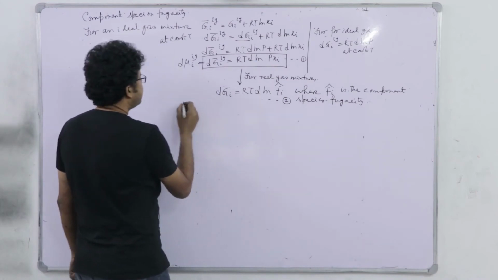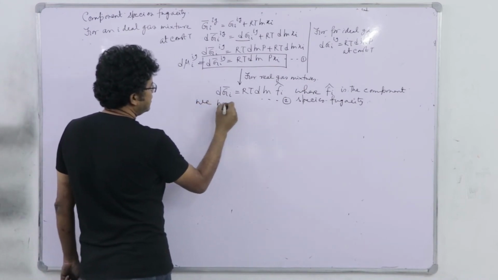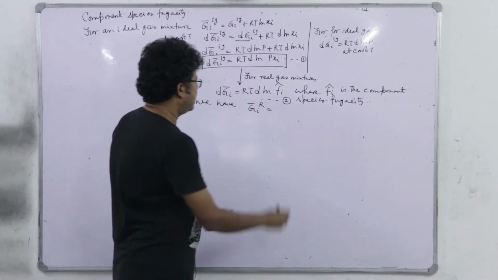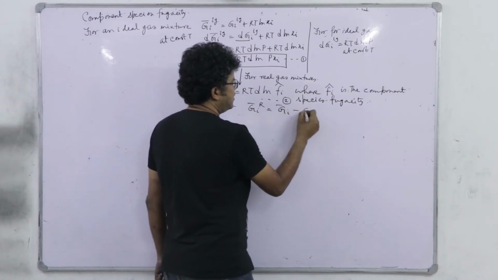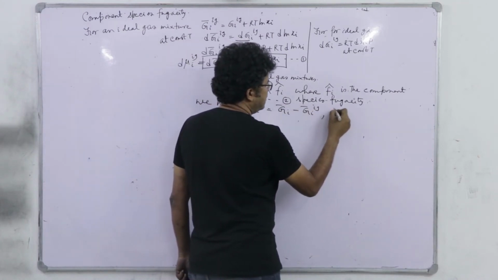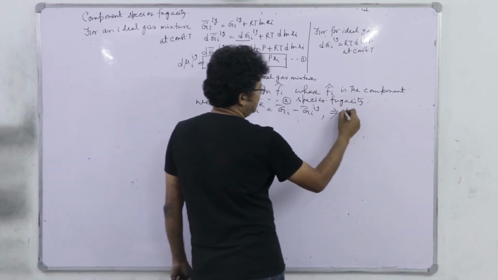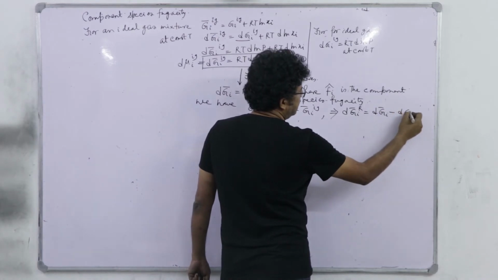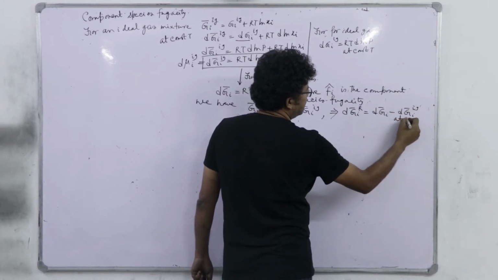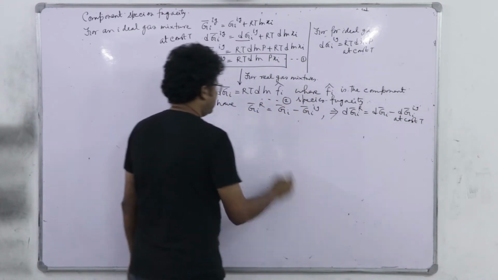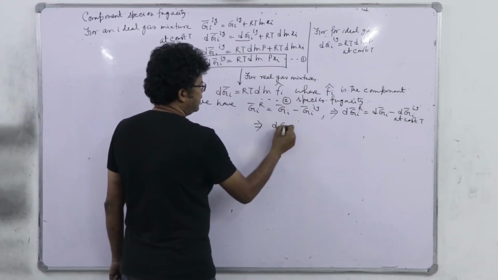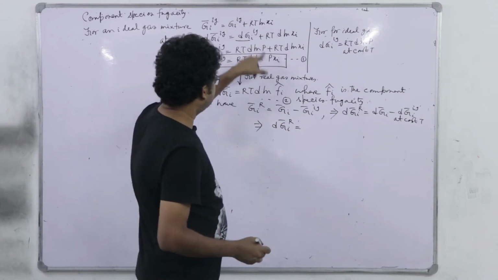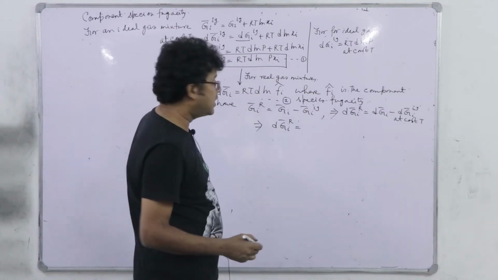Now, we know the partial molar residual Gibbs energy Gi bar R equals Gi bar minus Gi bar ig. So if you take the differential at constant temperature, dGi bar R equals dGi bar minus dGi bar ig. Once we impose the constraint of constant temperature, dGi bar becomes consistent with the expressions given in 1 and 2.